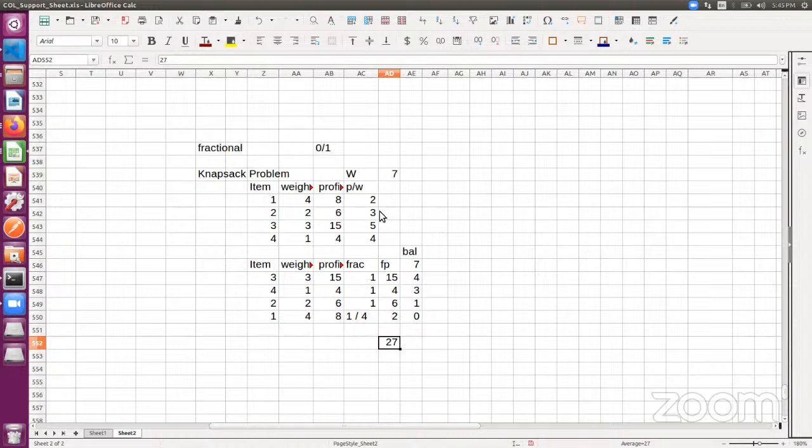So some constant times n. So n log n plus cn, where c is some constant. So this is the fractional knapsack problem.